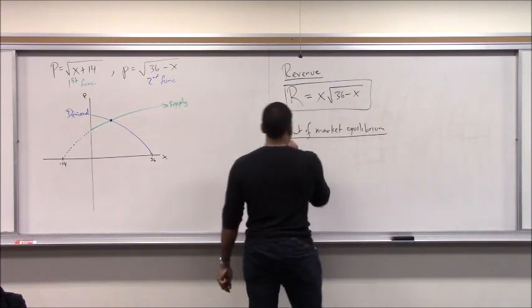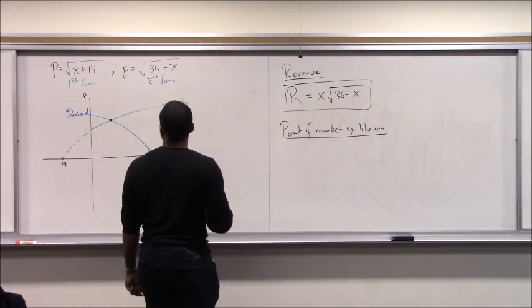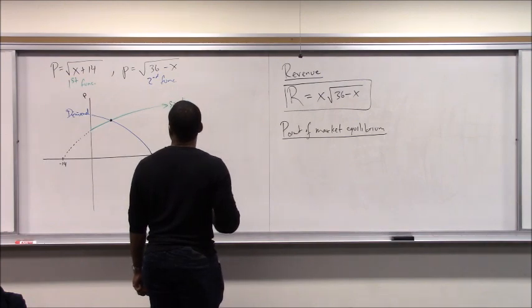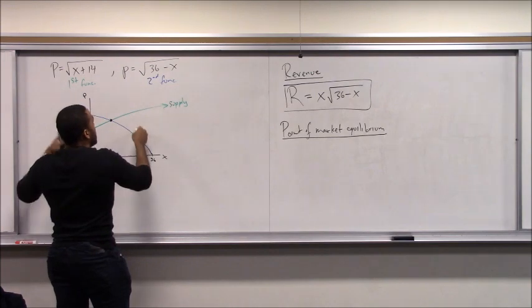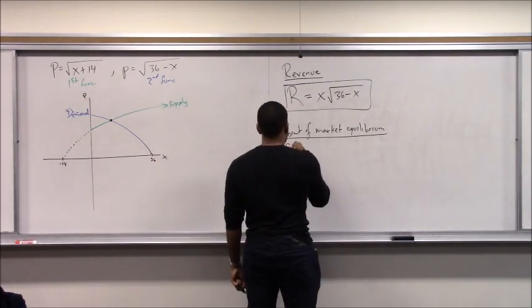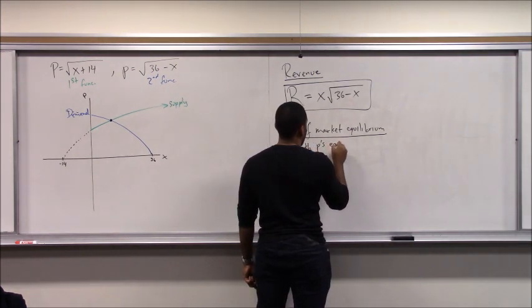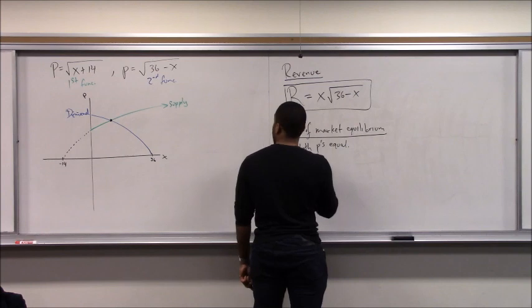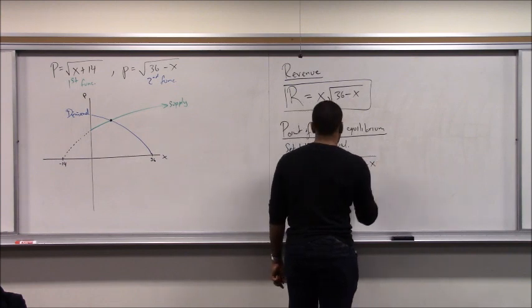Okay, how are we going to find that? Since both of these are isolated for p, we equate them to each other. P equals this, p equals that. We want the p's to be the same in each, so we just set these equal. So we have the square root of x plus 14 equals the square root of 36 minus x.